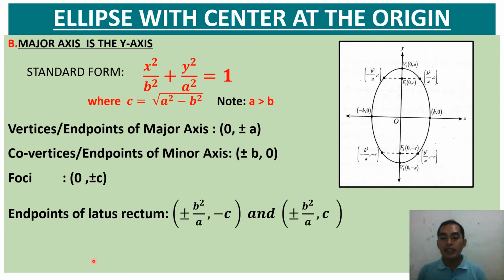The endpoints of the latus rectum, we have the coordinates plus or minus b squared over a, negative c, and plus or minus b squared over a, positive c. So we have also the directrix y equals plus or minus a squared over c.